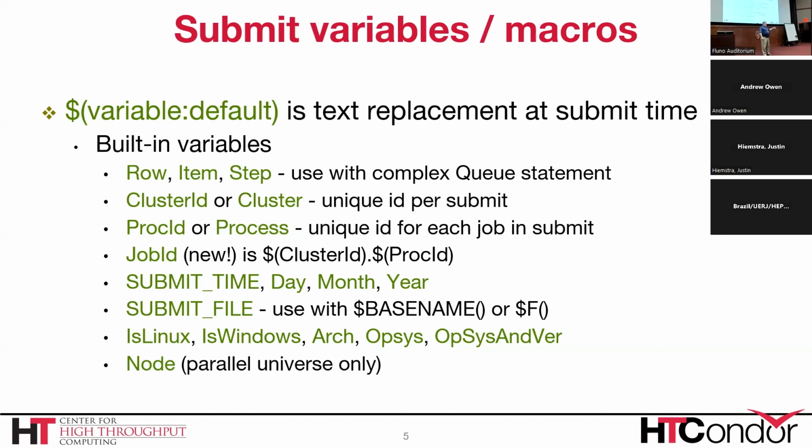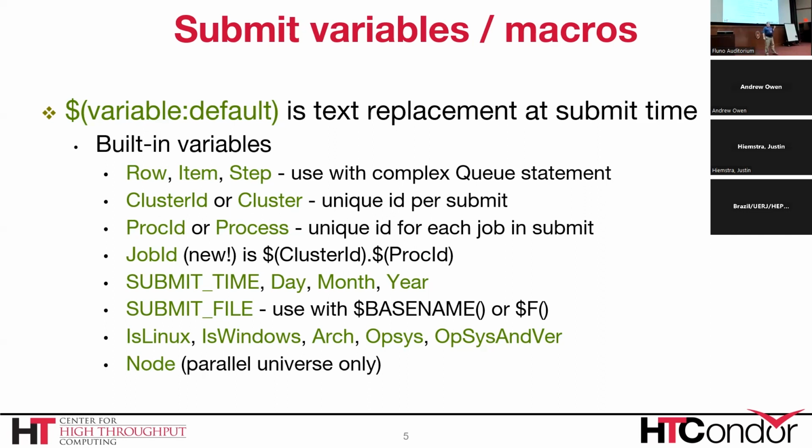So if you say queue 23, then step counts from 0 to 22. If you use queue from files matching *.dat, then item iterates through that list of files as we're building this whole collection of submits.